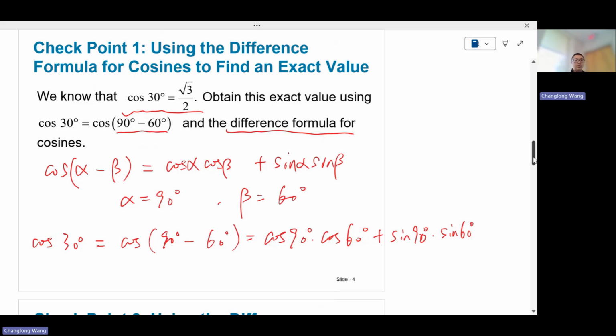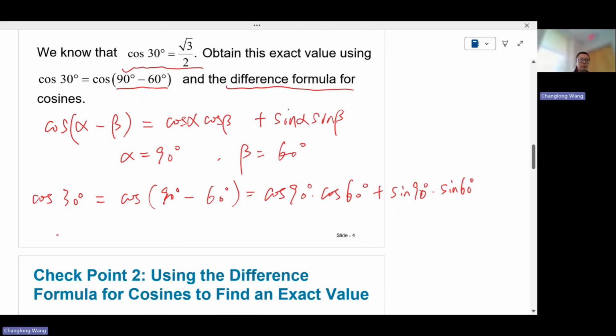Now, the standard way of doing it is to refer to the unit circle definition of sine and cosine. So you have a point in the first quadrant, and it's making an angle theta. The point is located at x comma y.